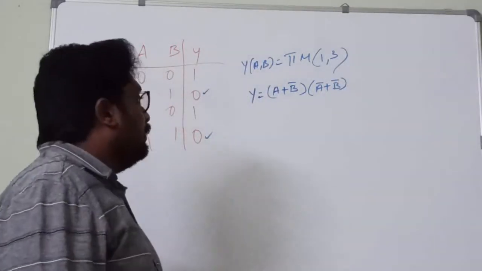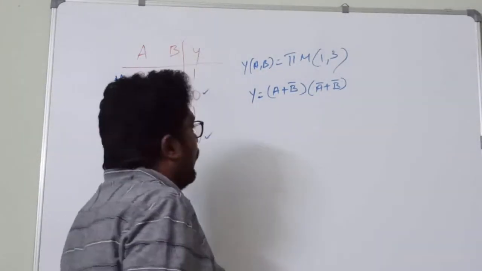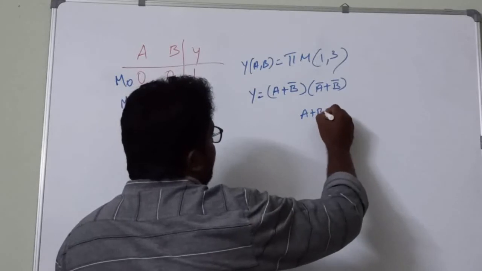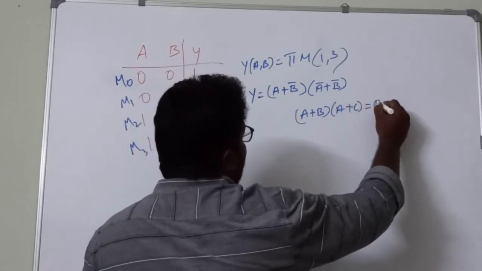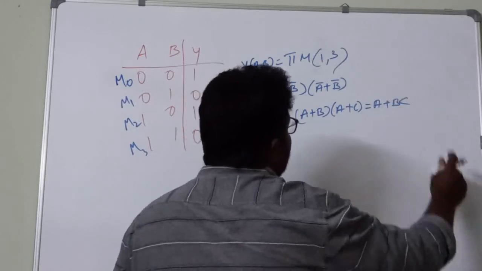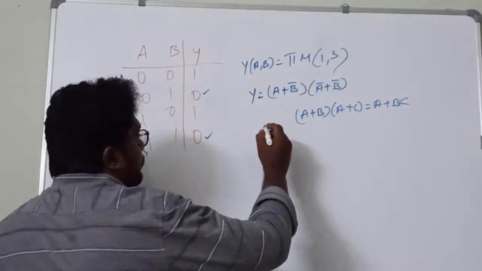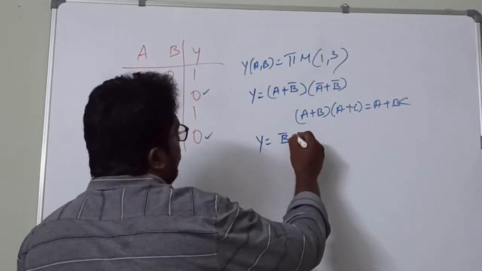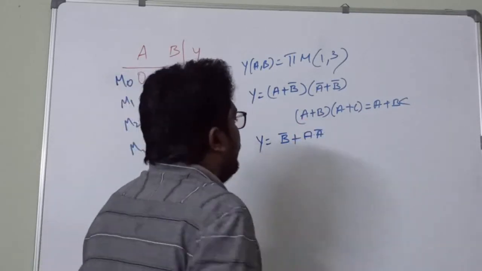Now if you observe this expression, by using the distributive law, A plus B into A plus C will become A plus BC. So by this distributive law, the expression becomes y is equal to B complement plus A into A complement.